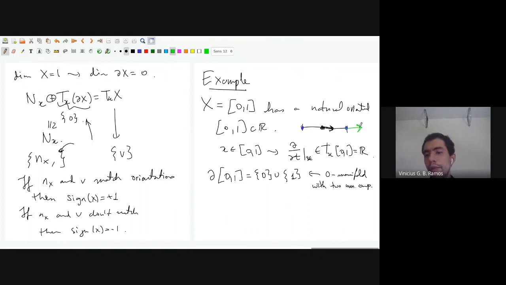Here I have an outward normal vector, and here I have another outward normal vector. And all that I do is I compare the outward normal vector with the orientation coming from x. So when I am at this point, the orientation coming from x points in the same direction as the outward normal vector. And when I'm at this point, the orientation coming from x points in the opposite direction. So this means that the induced orientation on 0 is -1, and the induced orientation on 1 is +1.